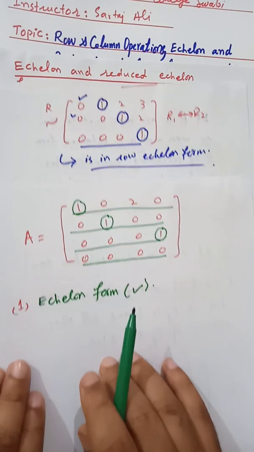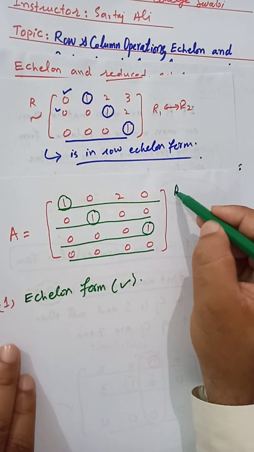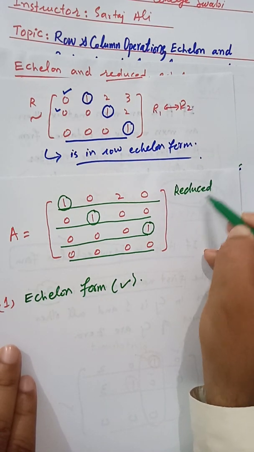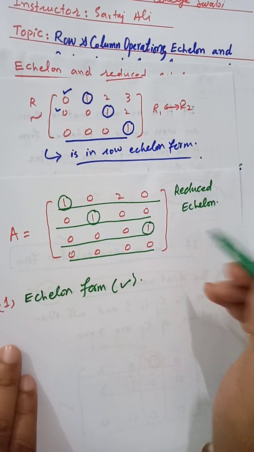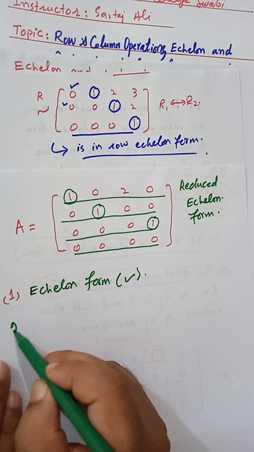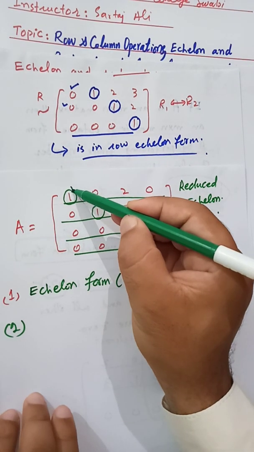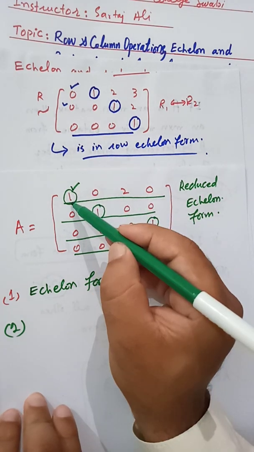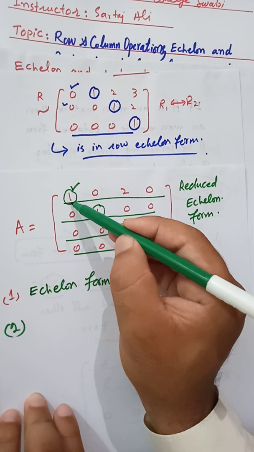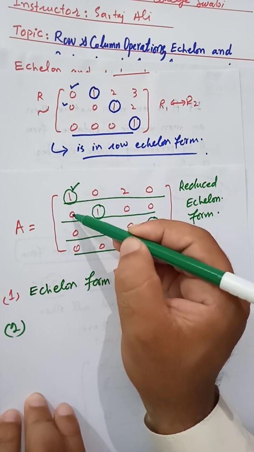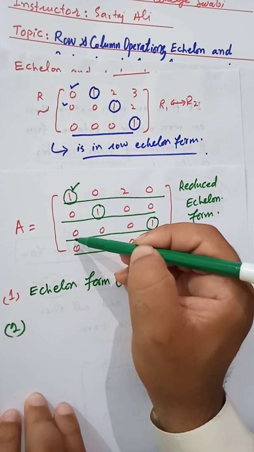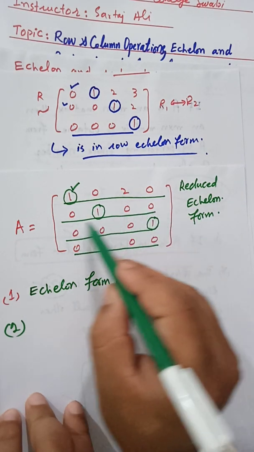This is condition number 1 for the reduced echelon form. I am checking whether the matrix is in the reduced echelon form or not. Now step number 2. Step 2 says that in the first non-zero row, the first non-zero entry must be 1. So you see that here the first non-zero entry is 1. This is the first non-zero row. The first non-zero entry is 1, and that entry lies in C1, and the rest of the elements of that C1 are 0. So you see that they are 0. Satisfied. Move to the second non-zero row.